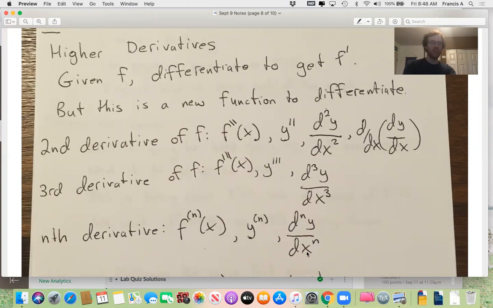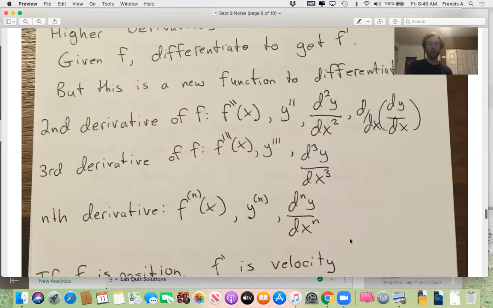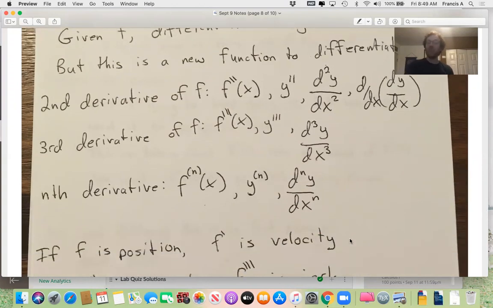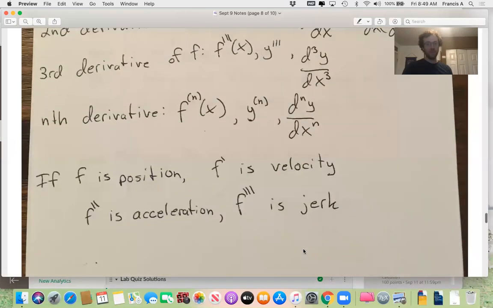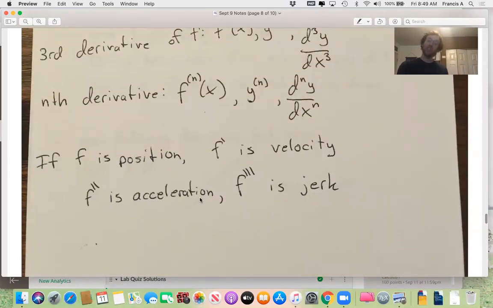So these higher derivatives, I said there's some mathematical use for them in Calculus 2, but especially the first 2 derivatives are really important if you're talking about physics. An example that we had talked about was if your function is position, then the derivative is velocity. That's a connection that we'd established. But also, the second derivative is actually acceleration, because acceleration is how fast your velocity is changing.